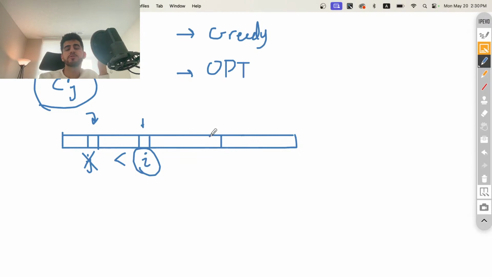If J was to the right, again, I can say that consider the first J to the right of it. I know that in between everything is the same. There's nothing that optimal has and greedy does not have. So I know that I have removed I and I have added J. And I know that nothing has changed in here for optimal.